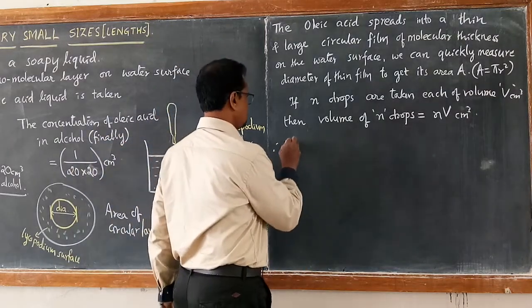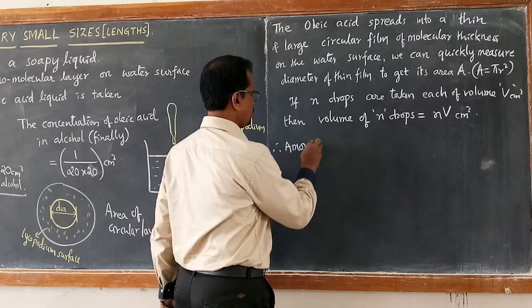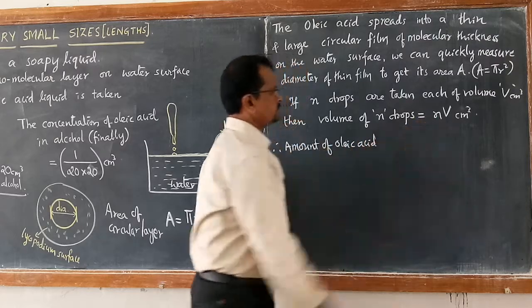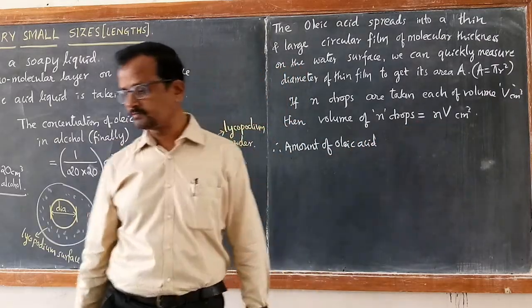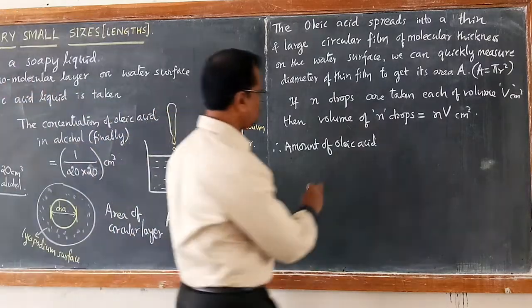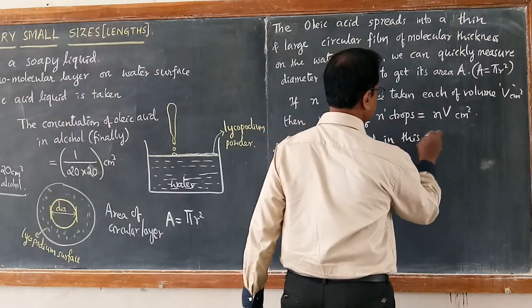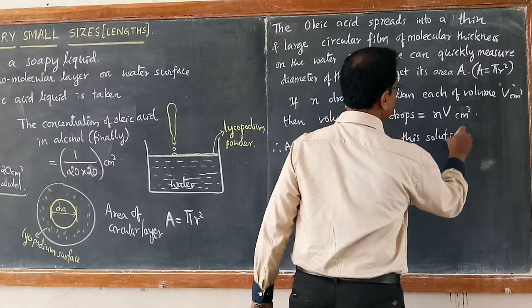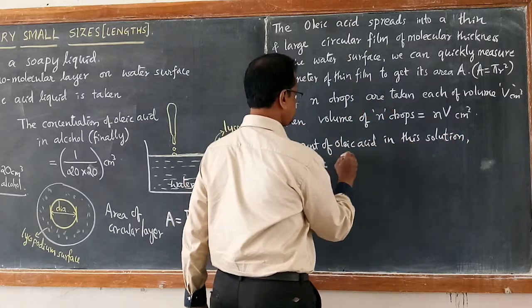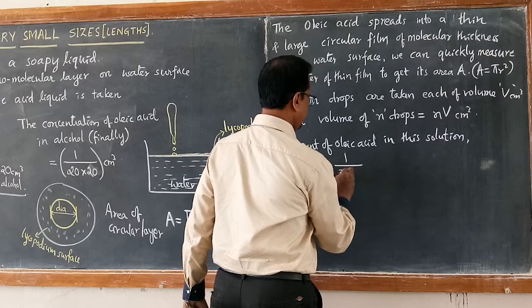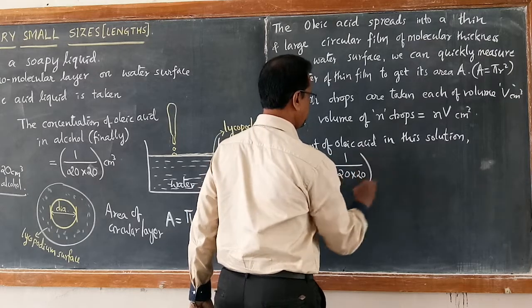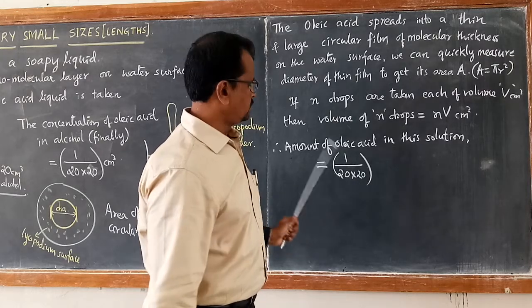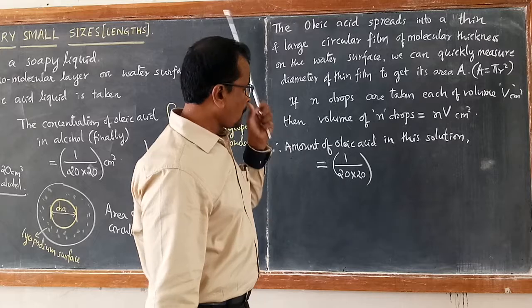Therefore, the amount of oleic acid in these n drops, the amount of oleic acid in this solution, becomes equal to 1/20 into 1/20. This is the amount of oleic acid per centimeter cube of the alcohol.